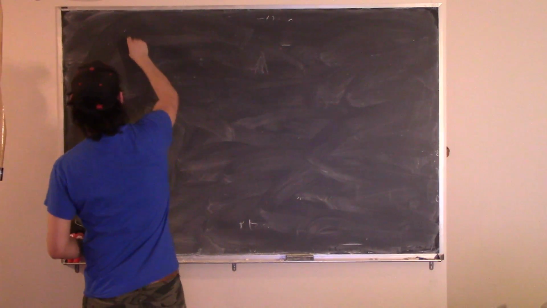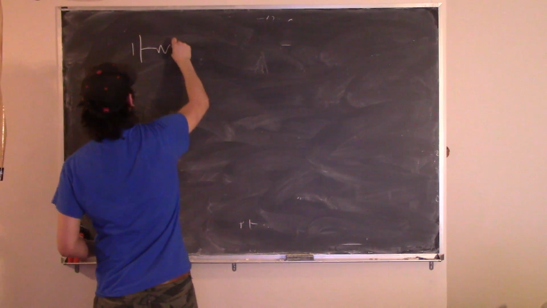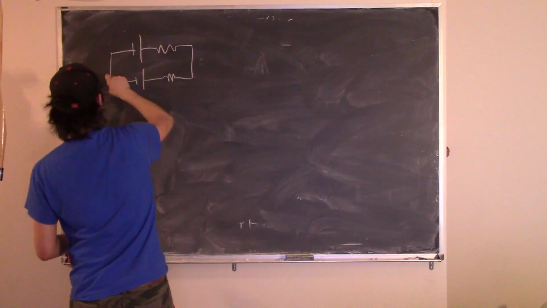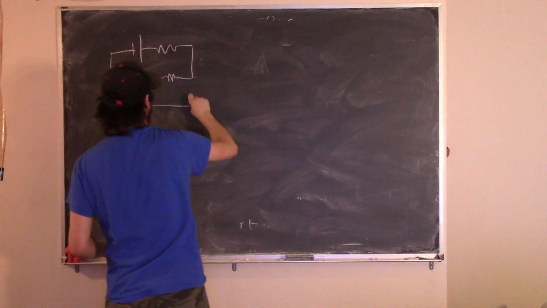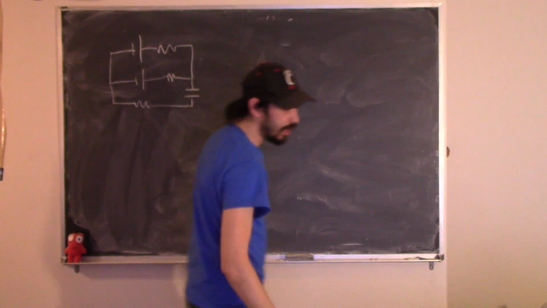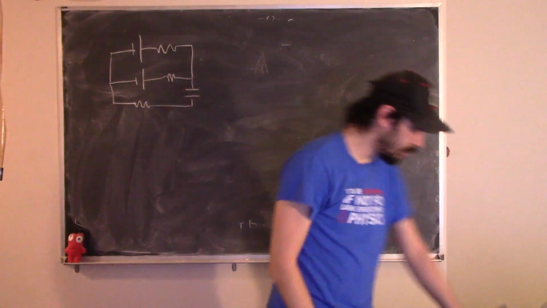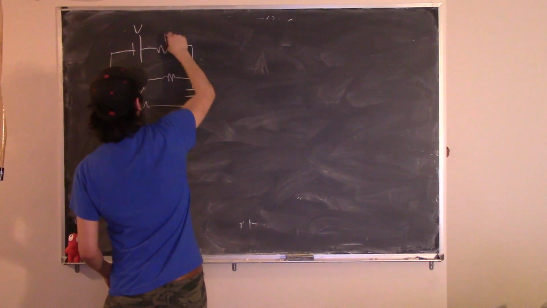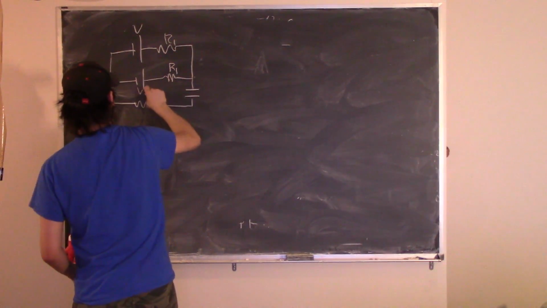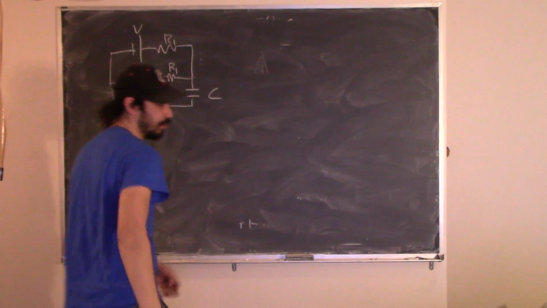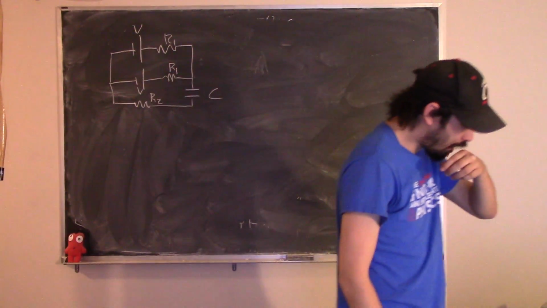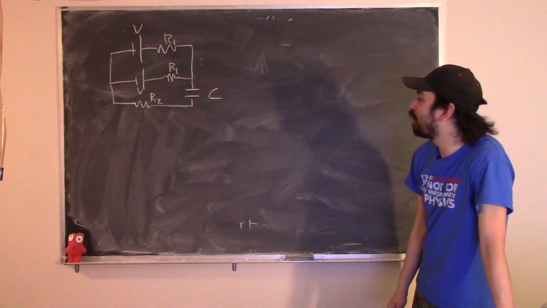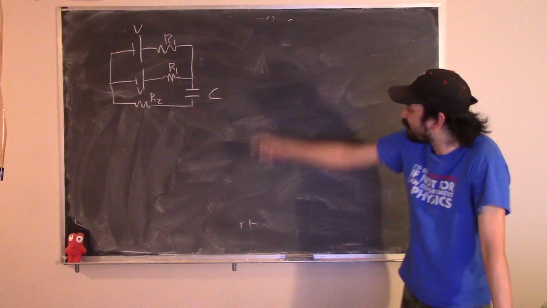So this says I have this and then this, like that. And the V's are all the same still. So this is V, V, R1, R1, R2, and a capacitor. Okay. So now it's really the same process that we went through before, only now we have this capacitor here.